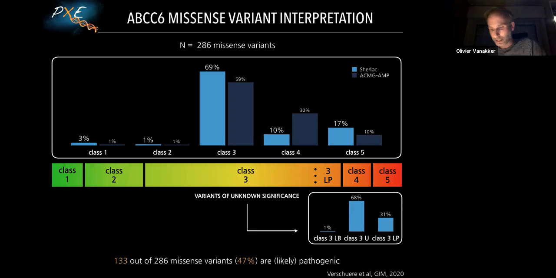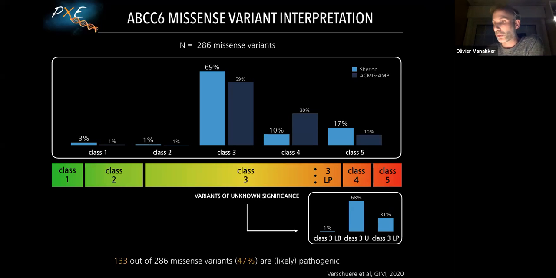One of the reasons for that, and this is also partially my responsibility, is that many of these variants have been detected 15 years ago and have been evaluated with the knowledge of 15 years ago. At that time, everything pointed towards the fact that they were disease causing, but knowledge evolves.